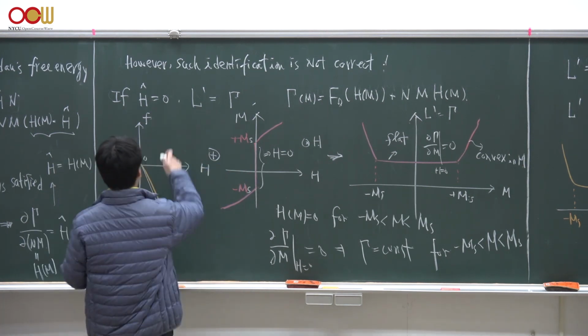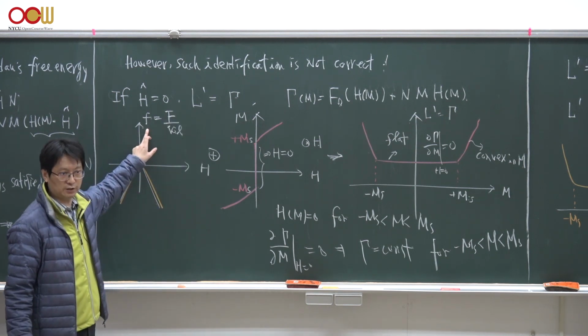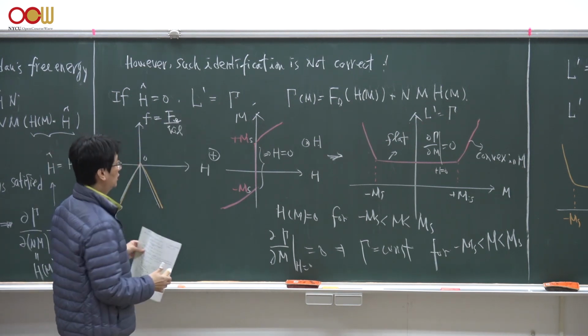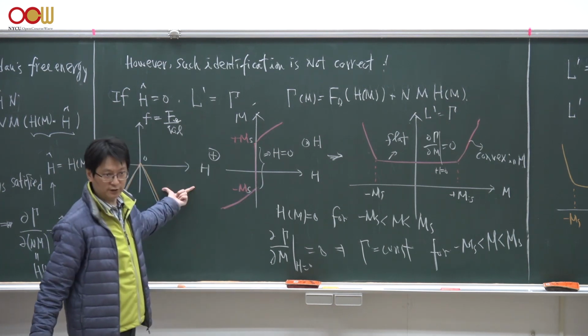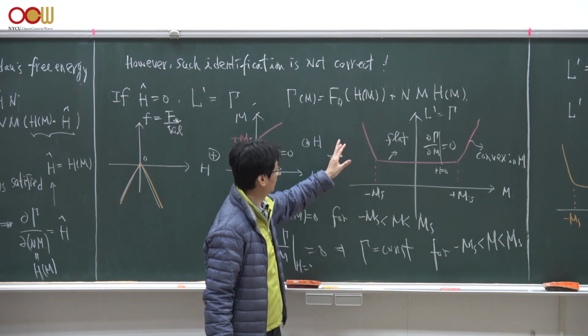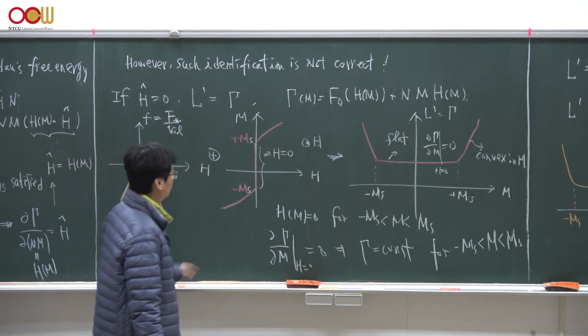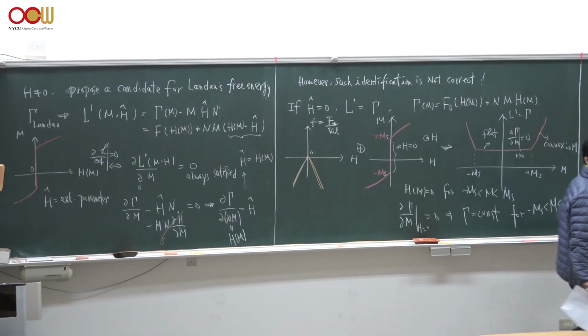Therefore, you could actually plug in this. So this little f is the free energy density in this case. You simply plug these two figures back into the Gibbs free energy formula, right? And then you could make a plot of this L prime in the zero field limit, which is the same as the Gibbs free energy, as a function of m.